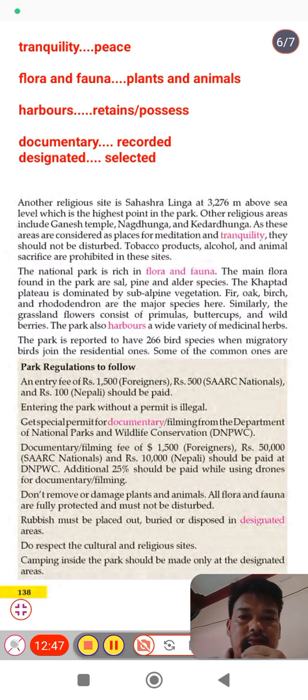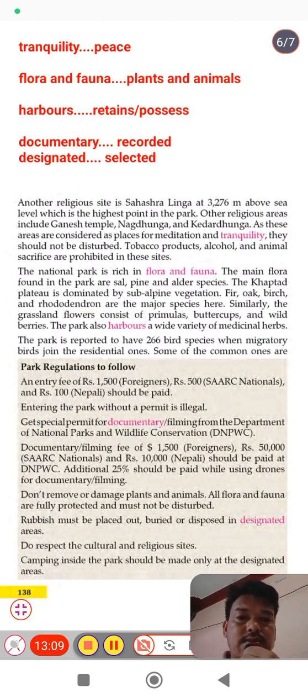The Khaptad plateau is dominated by subalpine vegetation. Most of the area is dominated by subalpine vegetation like fir, oak, birch, and rhododendrons, which are the major species here.